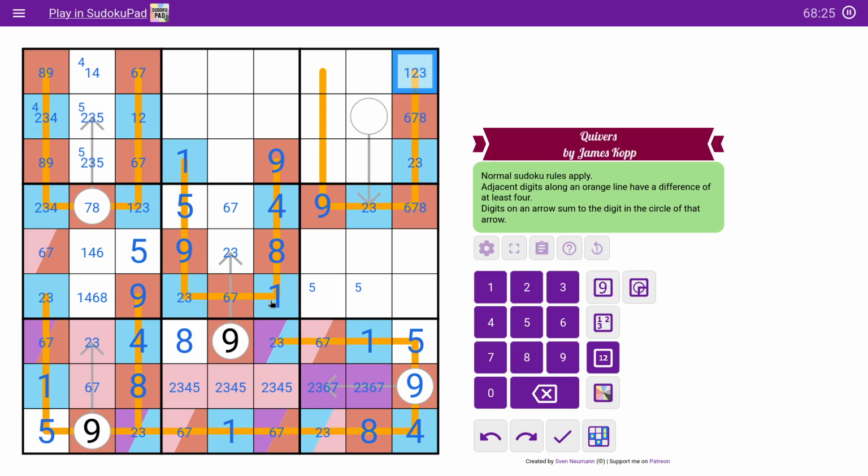If this is 6, it's 2, 1. That's fine. 6, 7, 8 in the row. This is not 4. Now the bottom's determined. We'll get back to it in a minute.